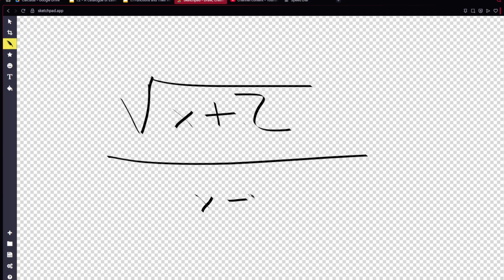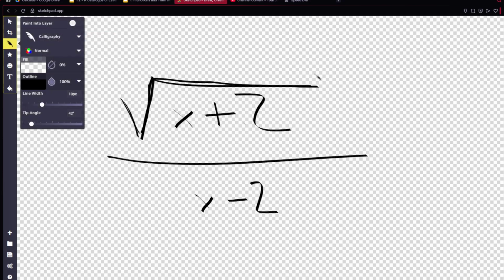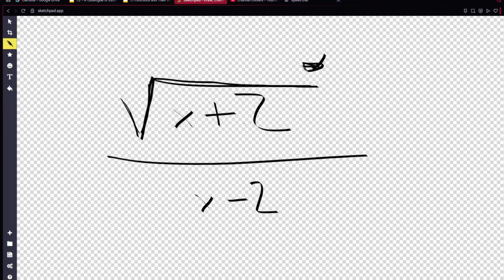So let's look at the domain of this function. Negative 2 makes it the smallest that this thing can be, and it can't go beyond 0. If it was negative 3, then we would have an undefined function because it would give an imaginary number, which is not real. So we can say the domain is limited, and you can use set builder notation, which is x in all real numbers.